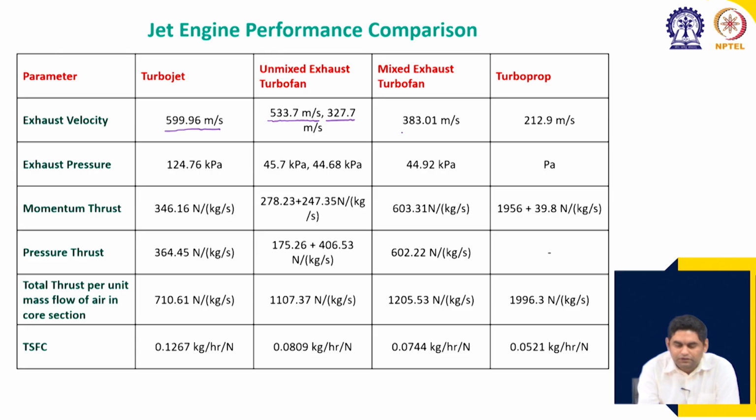Then for the mixed exhaust turbofan, the mixed air flow velocity at the exit is 383.01 meter per second. This is in between the two limits of the unmixed exhaust turbofan. And for the turboprop, we can only find the velocity for the core section, the jet section, where the exhaust velocity is very small, 212.9 meter per second.